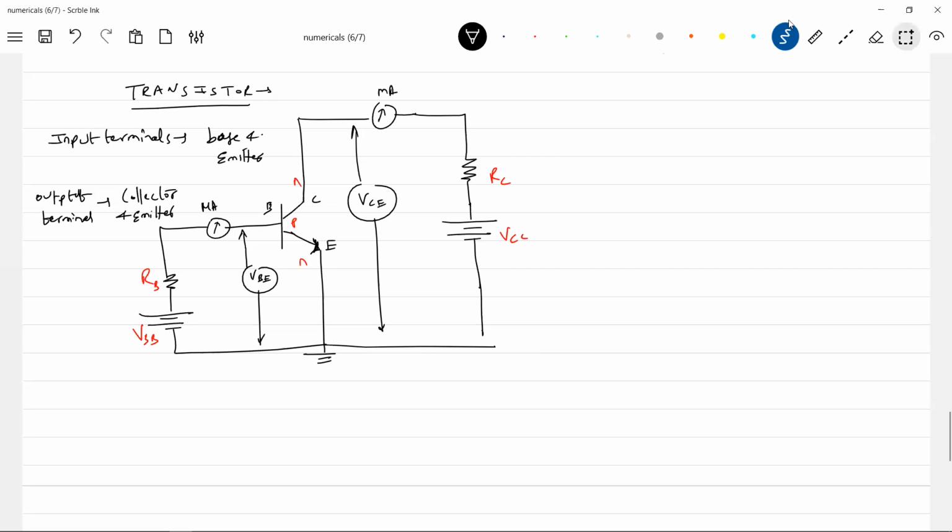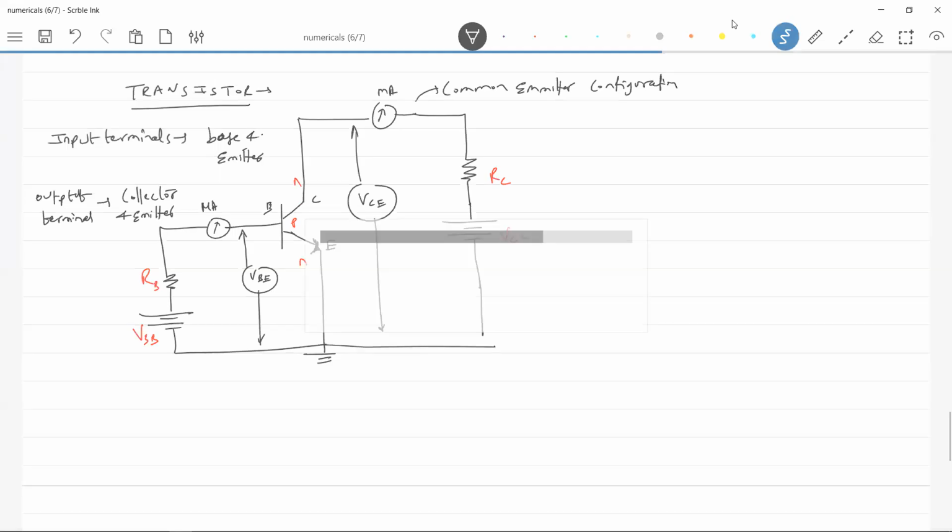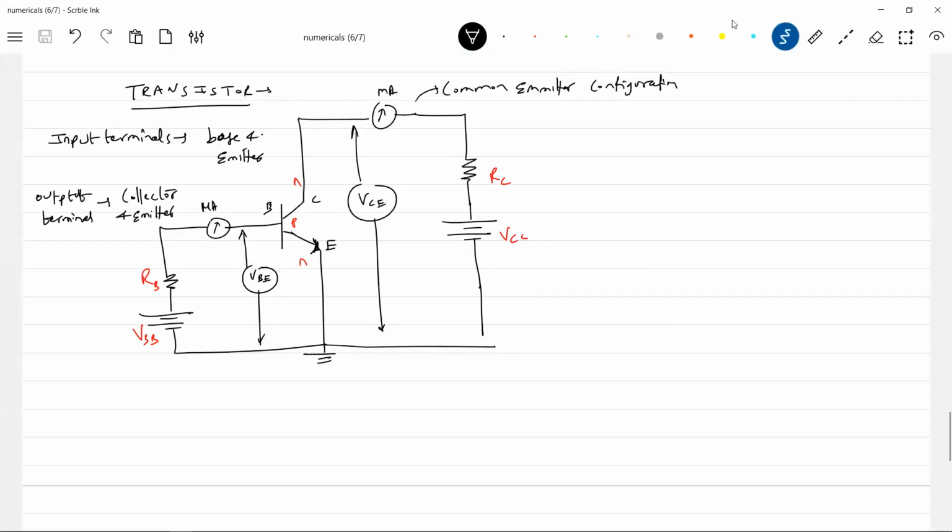And which terminal is common for both input and output? The emitter. So therefore it is called a common emitter configuration. What is the name of this circuit? Common emitter configuration. Okay, fine.